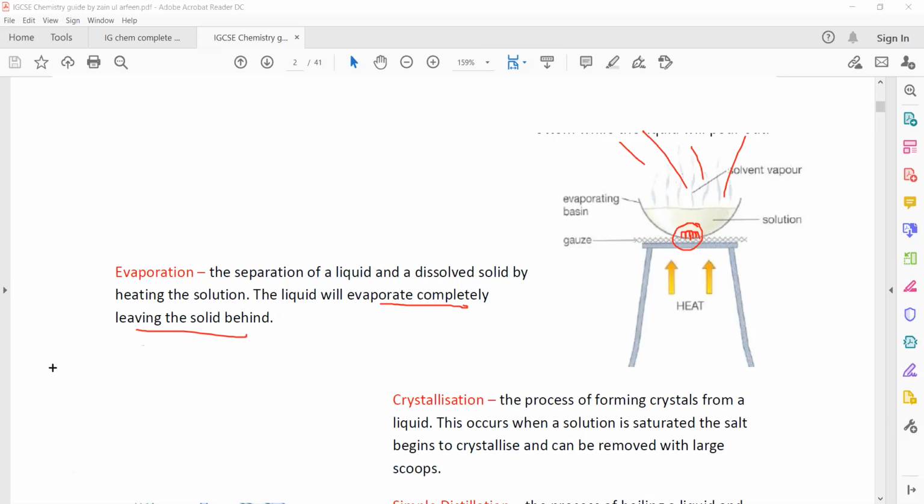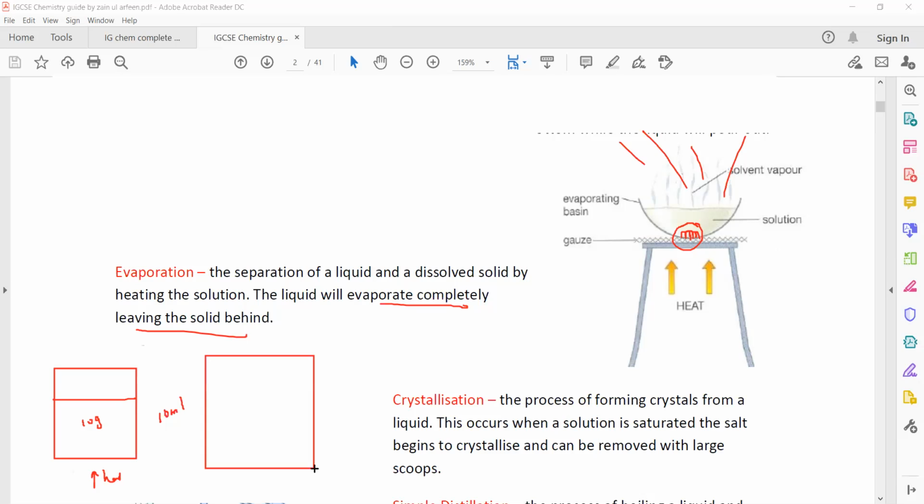For example, you have a container filled with 10 ml solution and it contains 10 grams of dissolved salt. In crystallization, you will supply the heat energy, and the liquid will evaporate. But this time you will not evaporate all of the liquid.